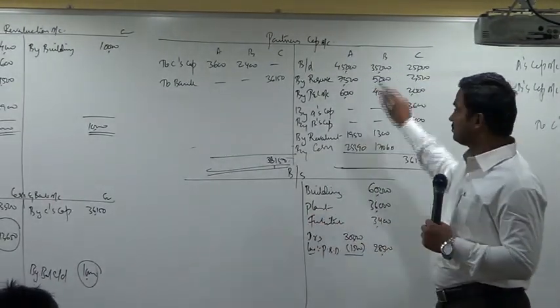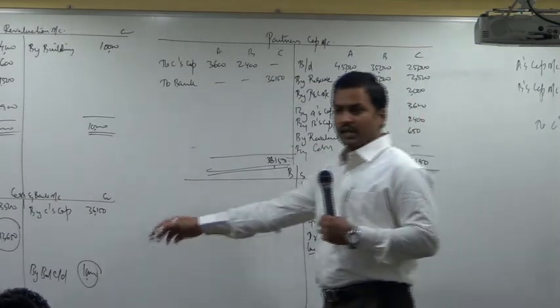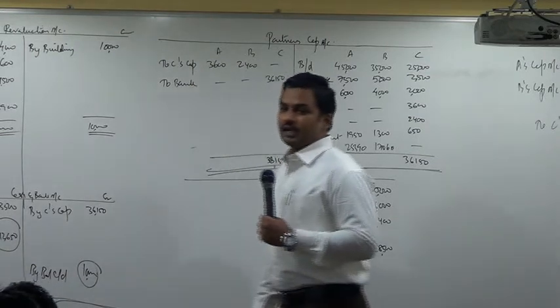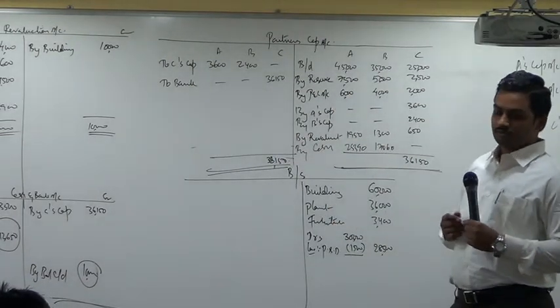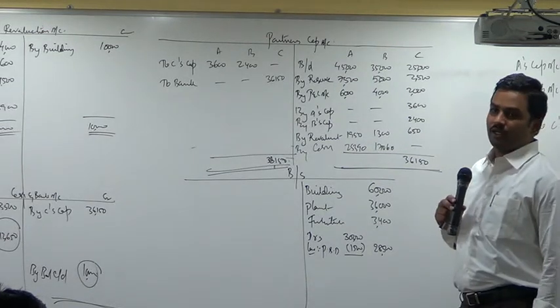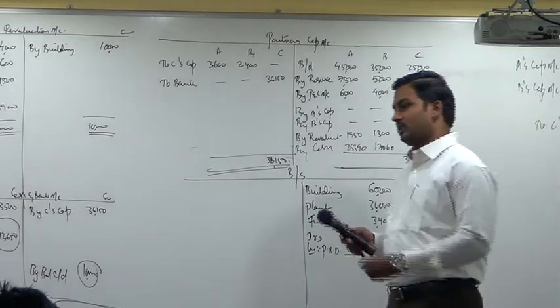Total. Now the cash balance will tally if you see now. Cash account will tally now. Give credit to cash account, capital accounts of A and B now because they have brought money.